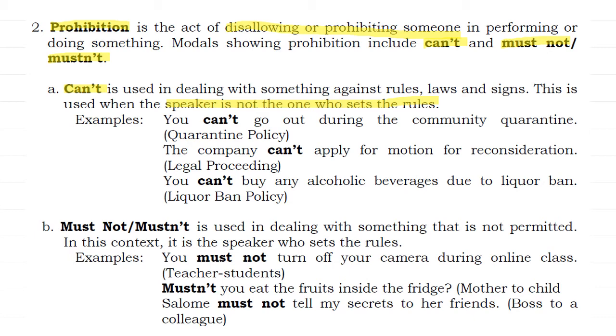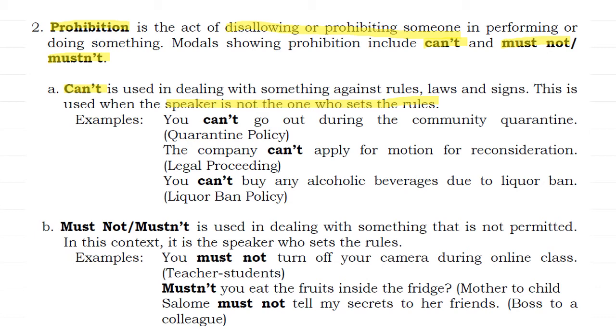So, suppose I am the speaker and I am talking to my son, telling him that he can't go out during the community quarantine. So, prohibiting someone in performing or doing something which is against the rule. What is the rule? The quarantine policy.